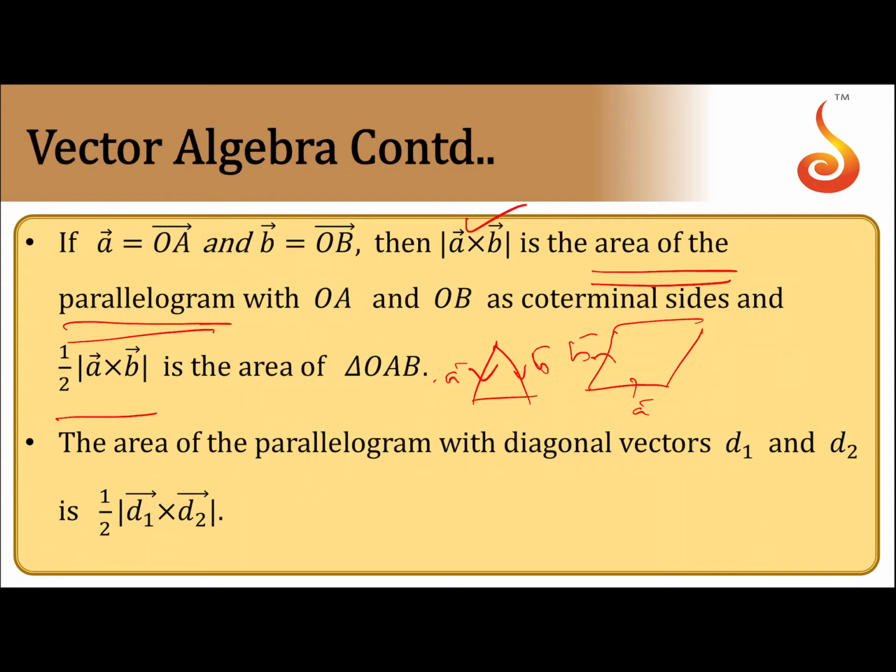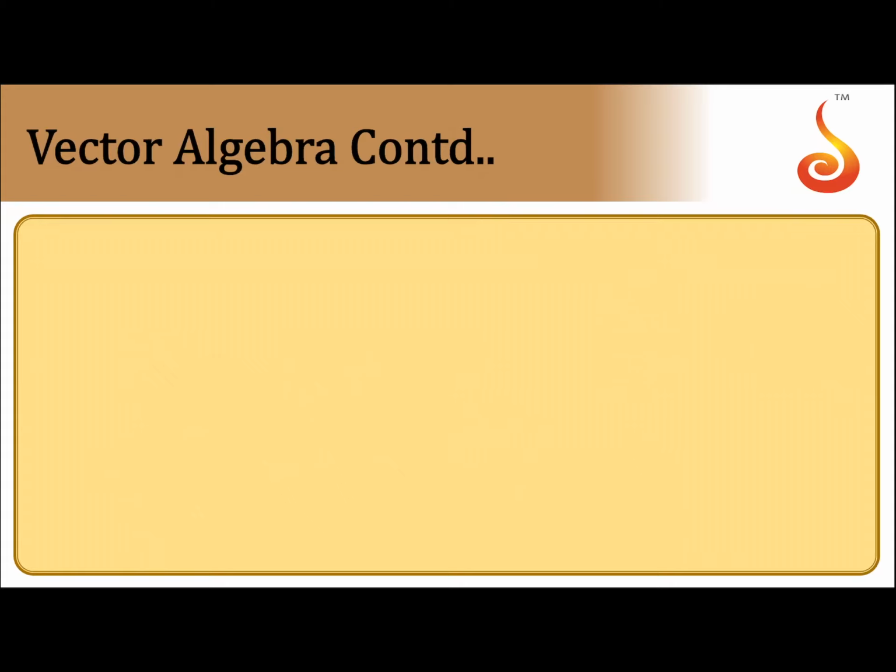In the case of diagonals, suppose D1 and D2 are the diagonals, then the area of the parallelogram is half of D1 cross D2.